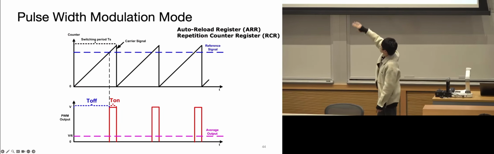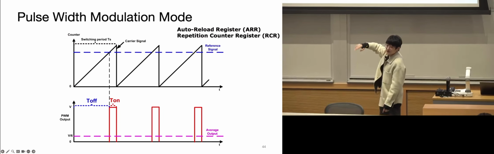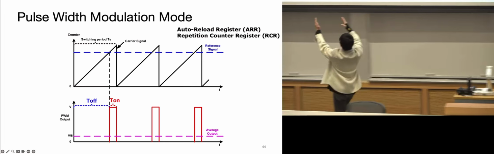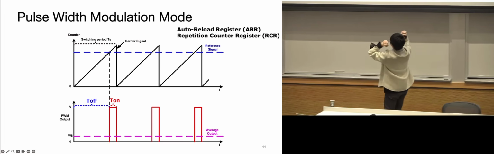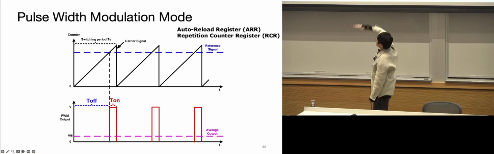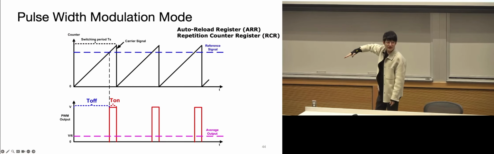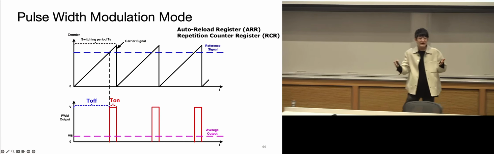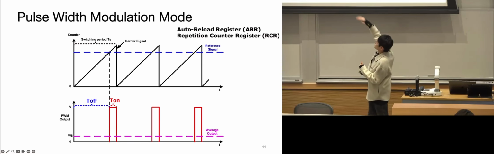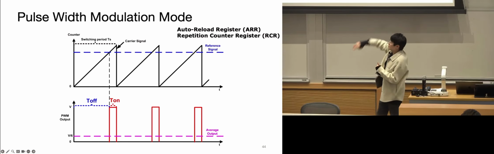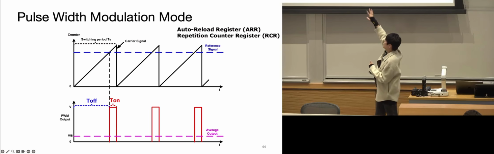Each of these triangles, this length is determined by the ARR, and the height of that blue line is determined by the compare value you put in the CCR. And you could have multiple blue lines using the same signal of this counter.